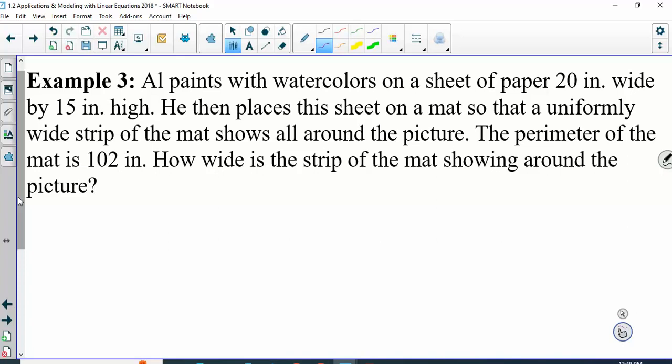Do we understand what's going on here? So we have an original sheet of paper, like my sticky note here, 20 inches wide, 15 inches high.